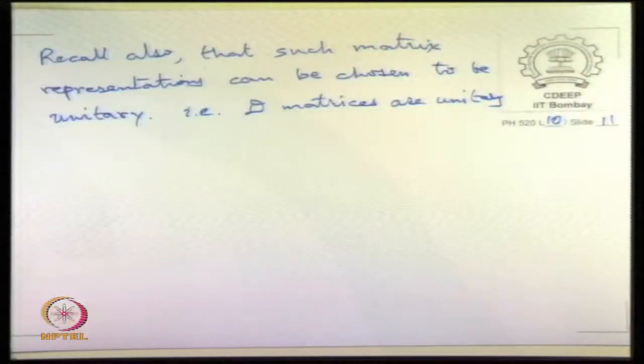And here there is a terminology: the representation D star is called the conjugate representation.